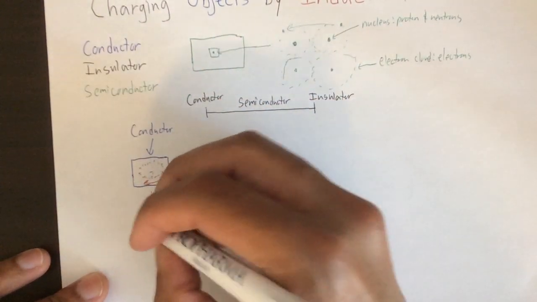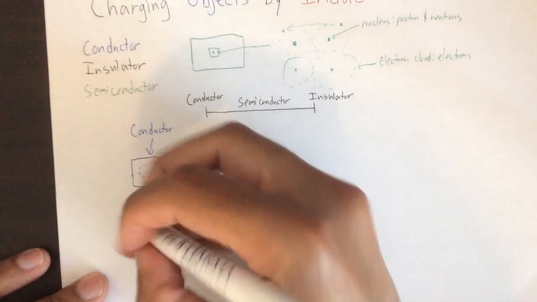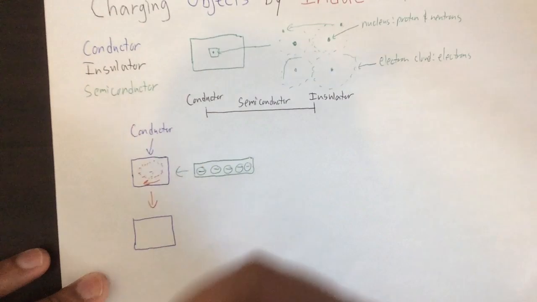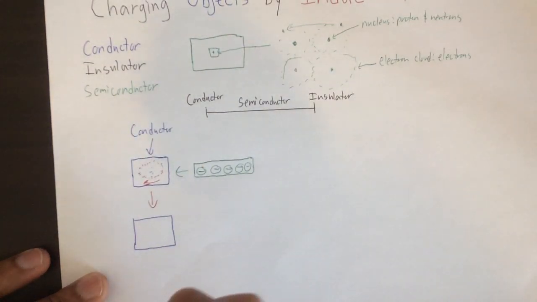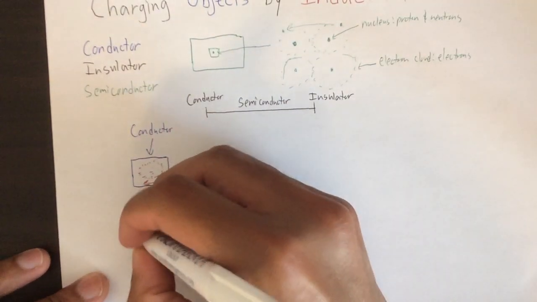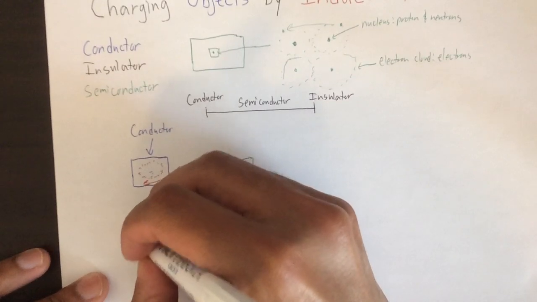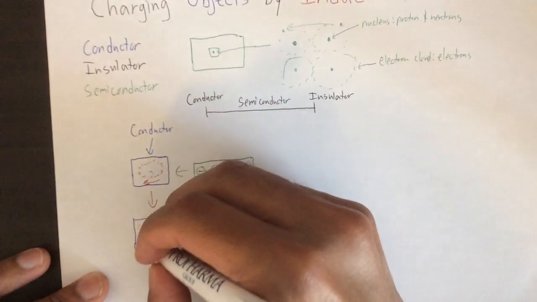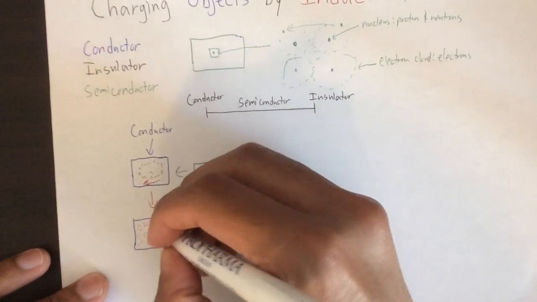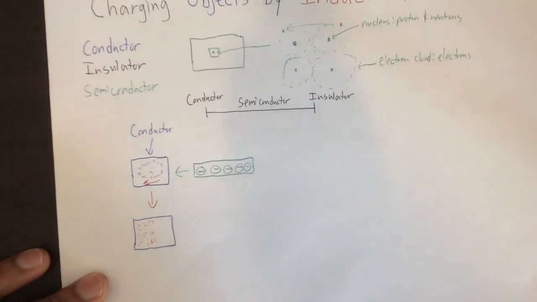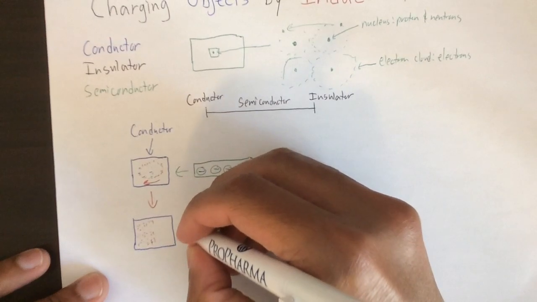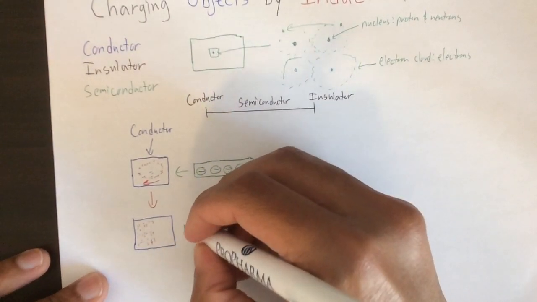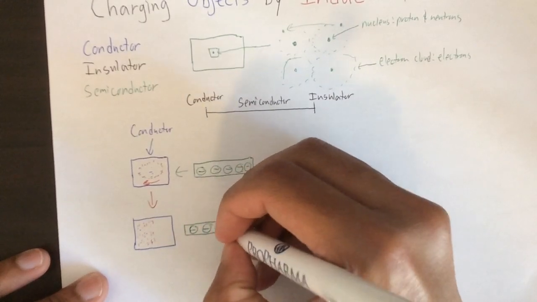So the electrons start to bunch up on this left side because they're being repulsed by the negative charge on this rod.